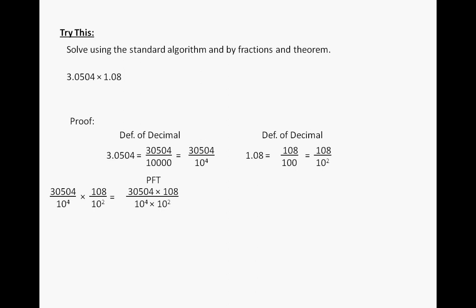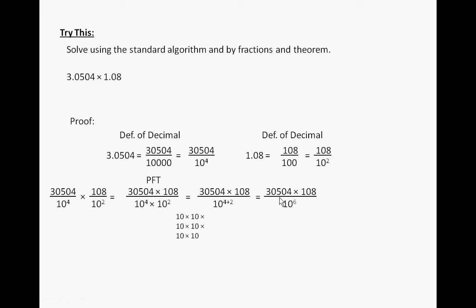Then by setting this up as a multiplication problem, we use PFT, our product formula theorem, to put them together. And remember, 10 to the 4th power times 10 to the 2nd power is essentially 6 tens, which means we can just add those exponents, 4 plus 2, and get 6.